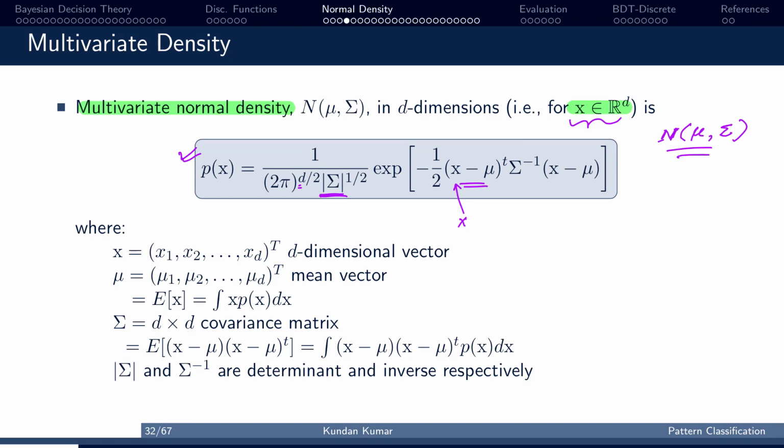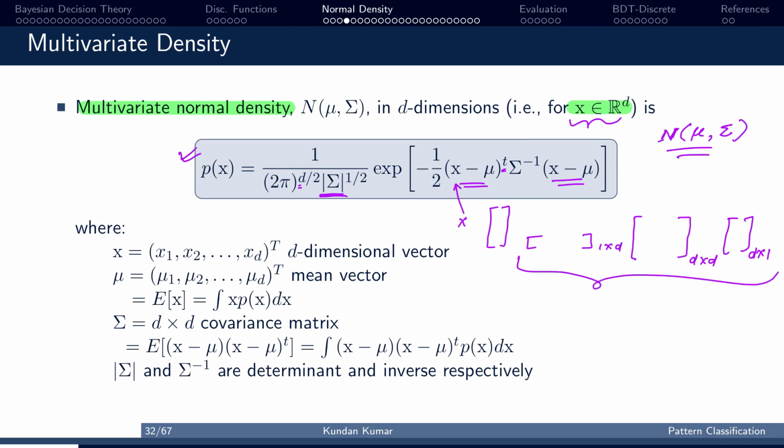So here x is a column vector. If we take the transpose, then it will become a row vector, 1 cross d. Then we have to multiply with the inverse of the covariance matrix, which has the dimension d cross d. And again we multiply with (x minus mu), which is a column vector, d cross 1.